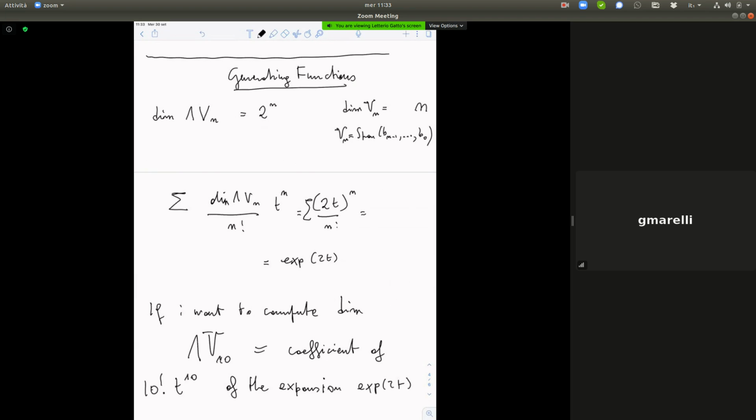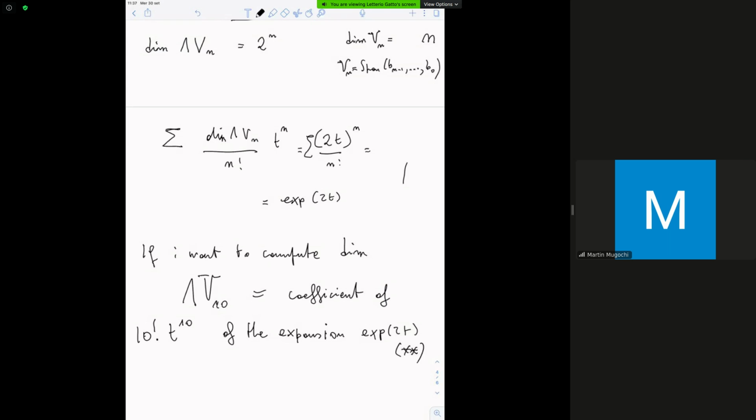So we will get used to this nice generating function. It's something new because we can see some functions as a way to encode a lot of information.